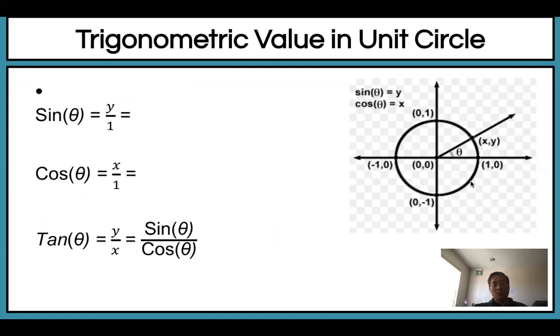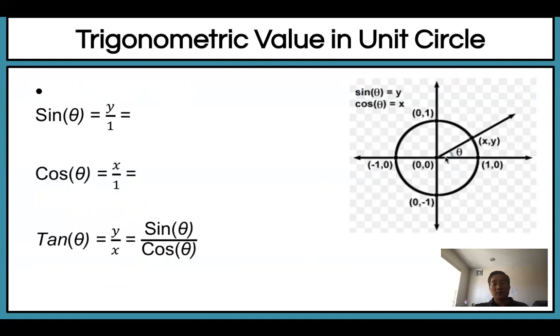We'll talk about it soon. With the first quadrant first, how do you draw the vertical line or horizontal line to make a right triangle? This way or this way? Yeah, this way, right? Always draw a vertical line to the x-axis.